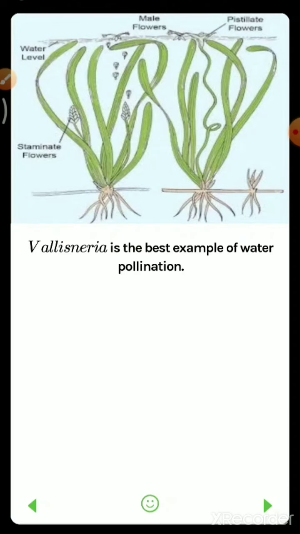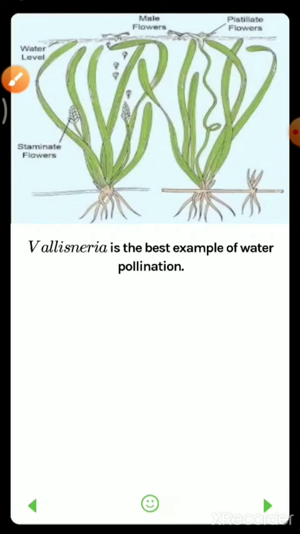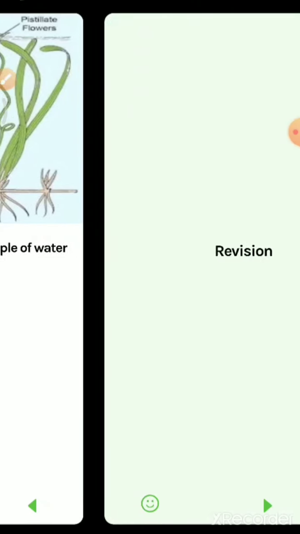Then this side, the stalk, you can say the female flower one, this is your stalk, and this one is your female flower. So here, when this male flower, or you can say these pollen grains, come in contact with this pistil, that will form the pollination. Okay.